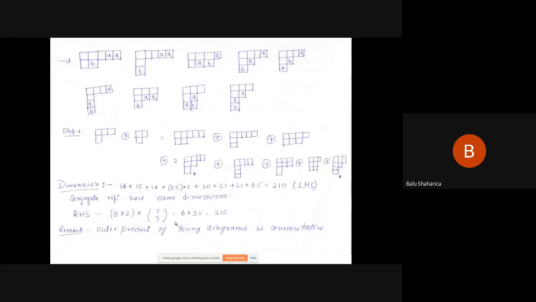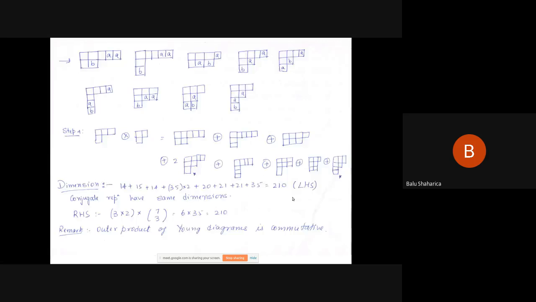So the dimension on the RHS will also be 210, and 7C3 is equal to 7C4. That'll be true for any dimension of the initial irreps we take. And the direct product of these Young diagrams is also commutative. So this ends the discussion for Sn, and we'll move to SUn.